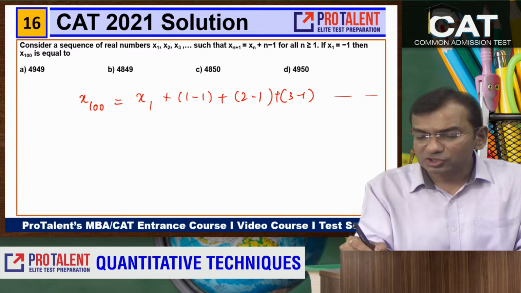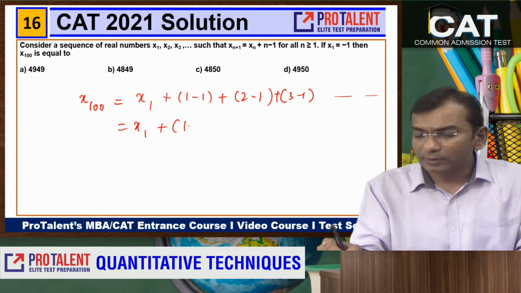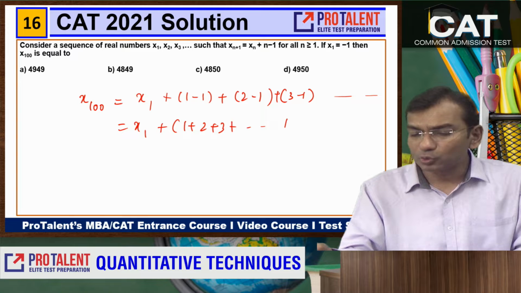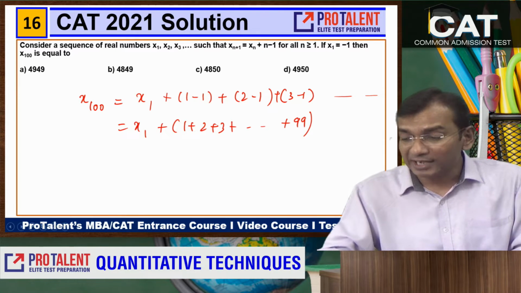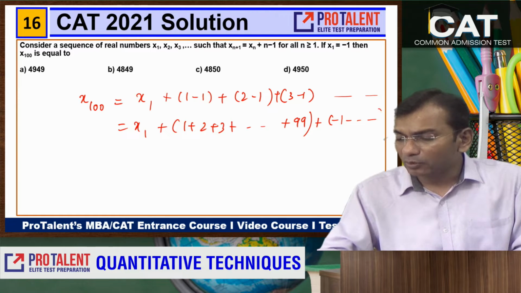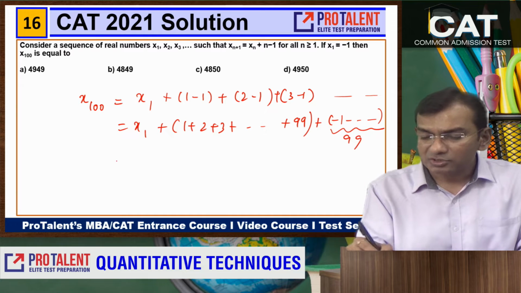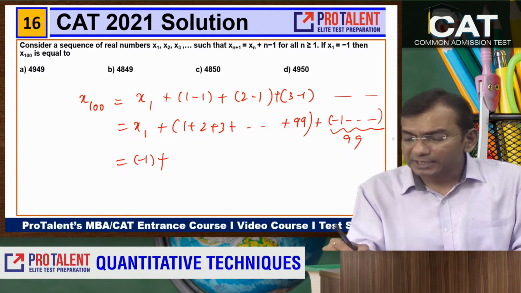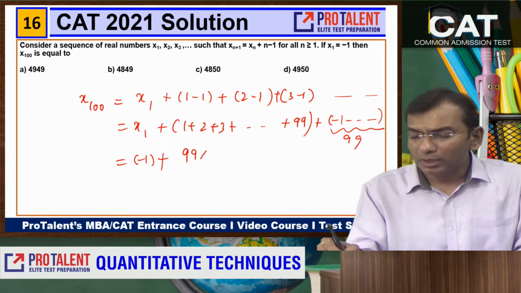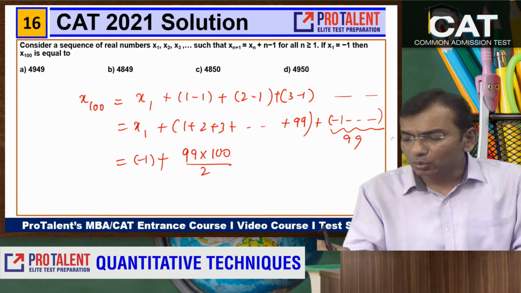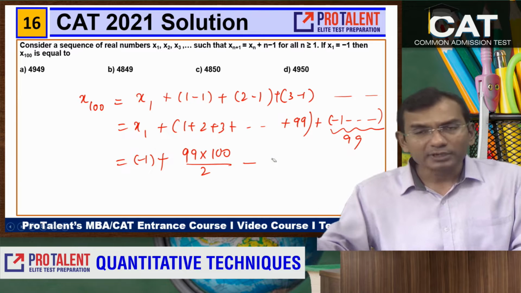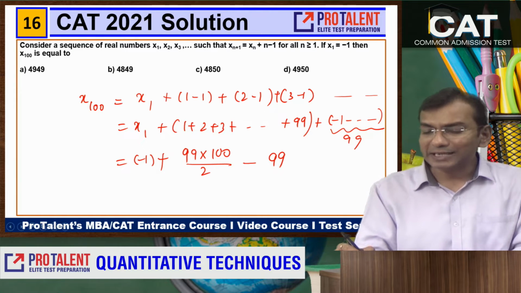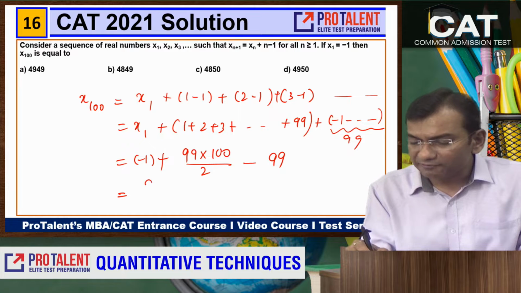So this becomes x1 plus 1 plus 2 plus 3 up to कौन सा नंबर चाहिए मुझे? 99, plus ये minus 1 कितनी बार होगा? 99 times. So this is minus 1 plus ये होगा आपका n into n plus 1 by 2, ठीक है, plus this is 1 for 99 times. So this is 99.